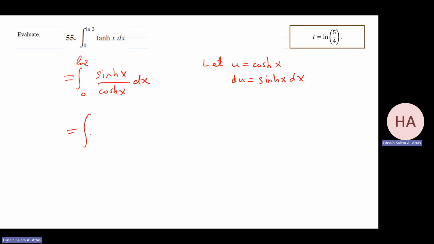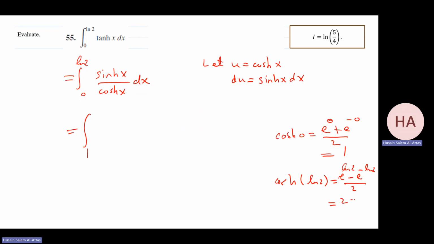So cosine hyperbolic 0 is 1. I know that cosine hyperbolic 0 is e to the power 0 plus e to the power minus 0 over 2. That will be 1. Now, what about cosine hyperbolic ln 2? That will be e to the ln 2 plus e to the minus ln 2 over 2. That will be 2 plus half over 2.